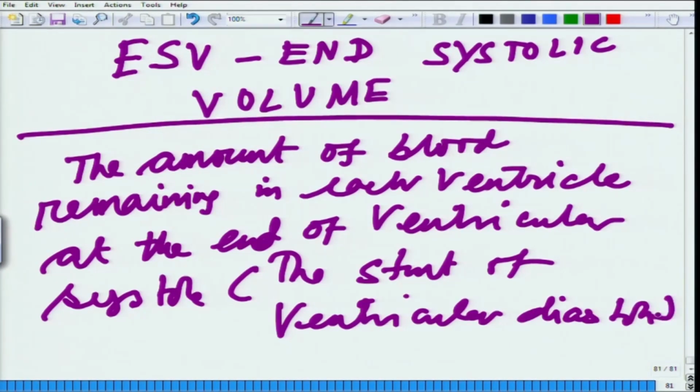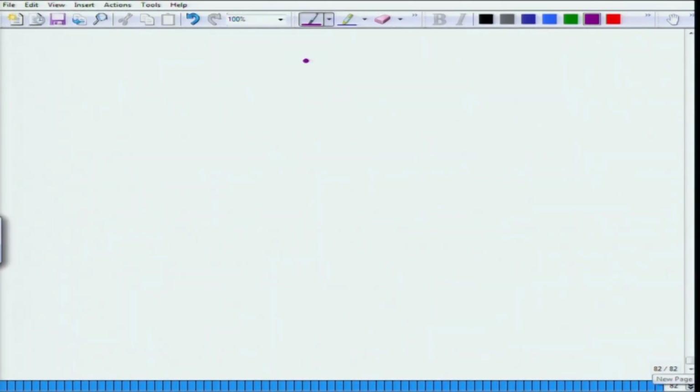These two definitions are exceptionally important for you to understand. There is something called SV, or stroke volume.